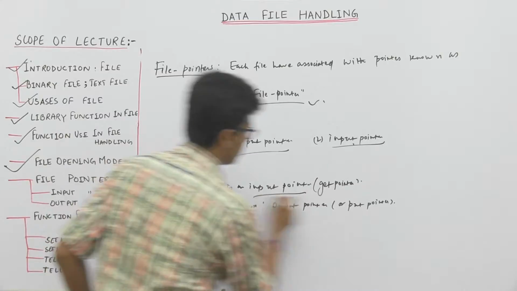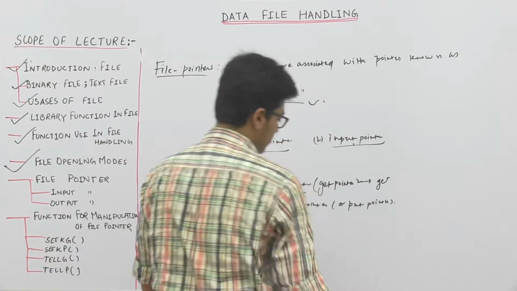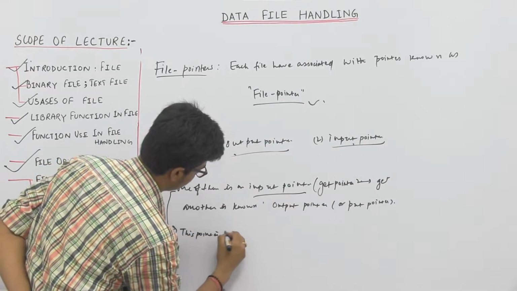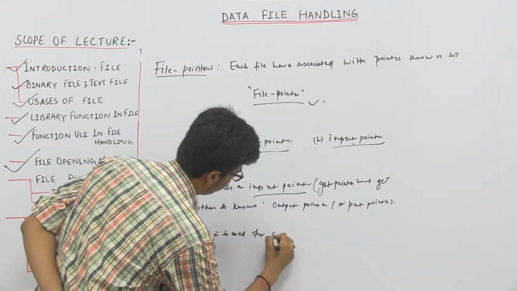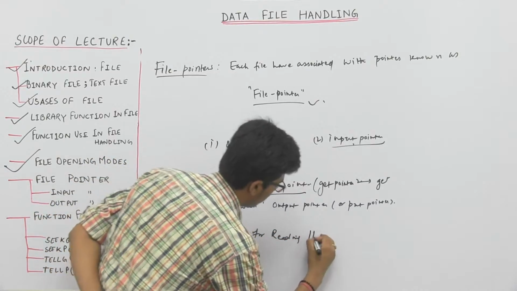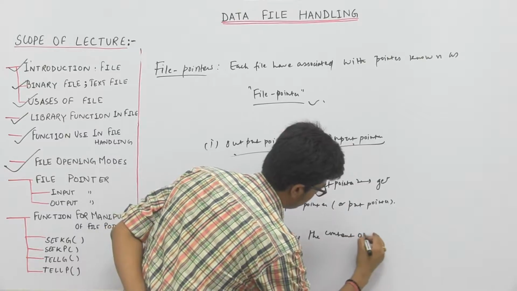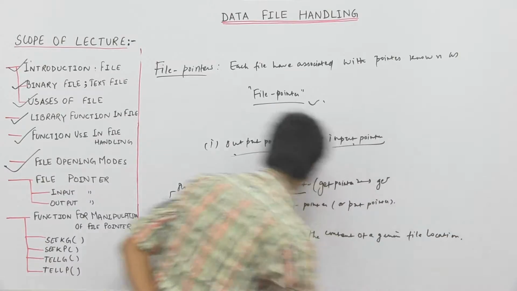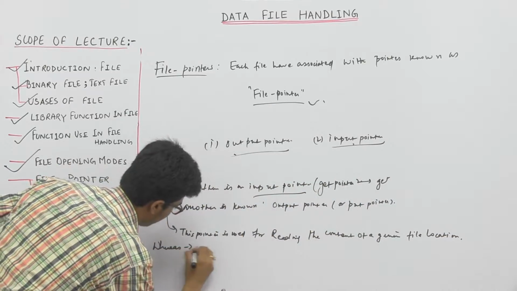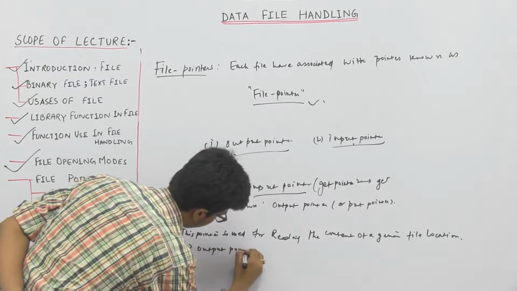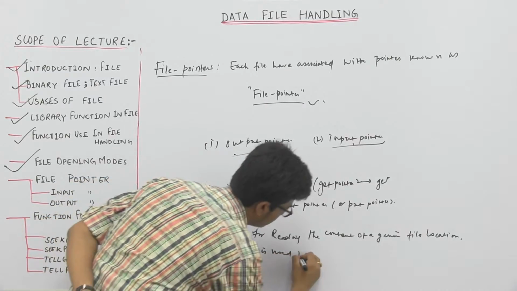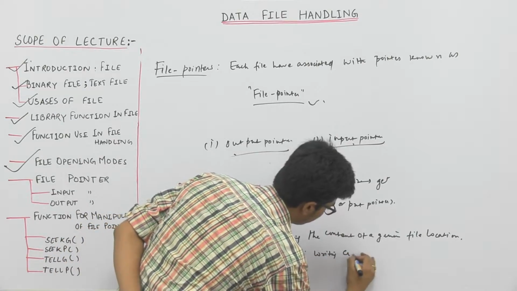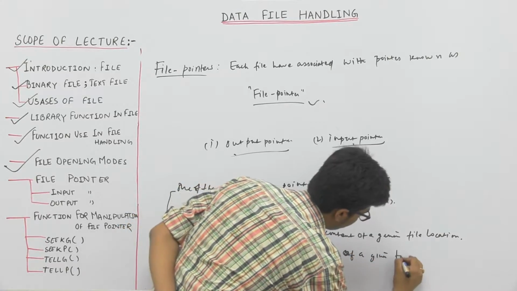The input pointer, the get pointer, is used for reading the content of a given file location, whereas the output pointer is used for writing at a given file location.